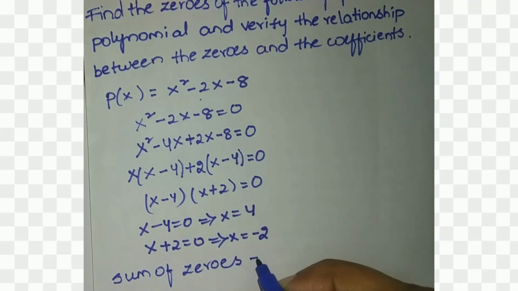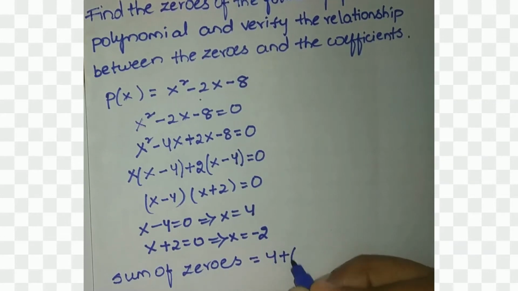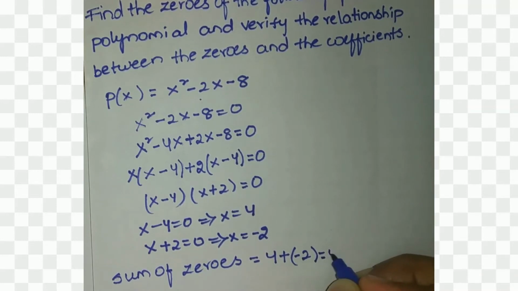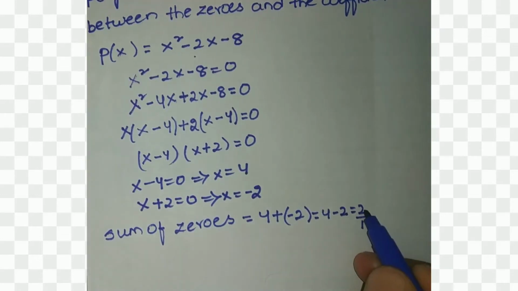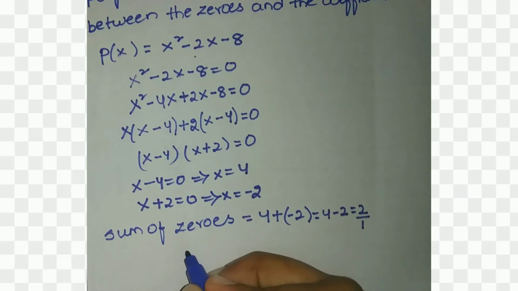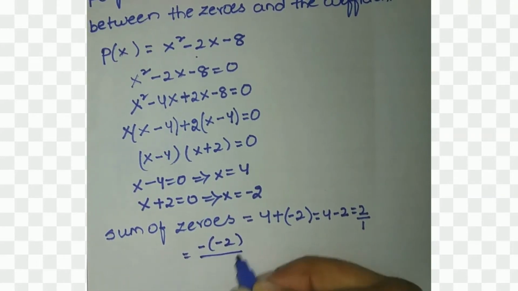Sum of zeros, which is equal to 4 plus of minus 2, which is nothing but 4 minus 2, which is equal to 2. 2 by 1, right? So, we can write this 2 as minus of minus 2 by 1.